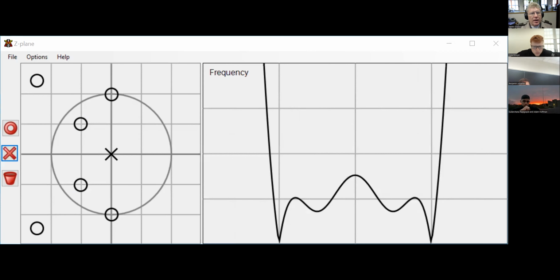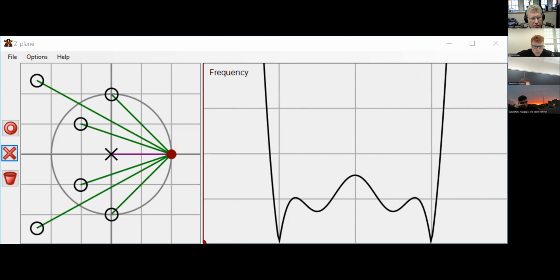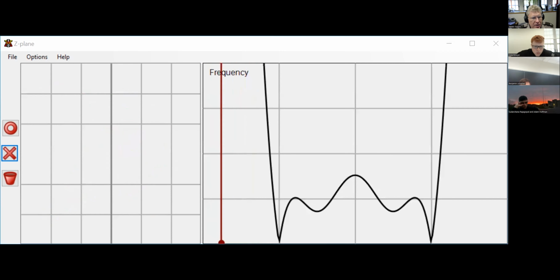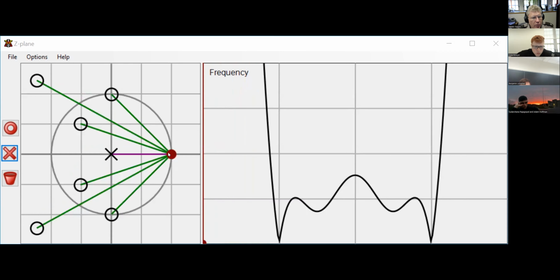Okay, so here's the linear gain. Let me show you those vectors. To graph at low frequencies down here, we take the product of the distances as we sweep our frequencies around to all of our zeros, and then divide by the product of the distances from wherever we're sweeping to all the poles.